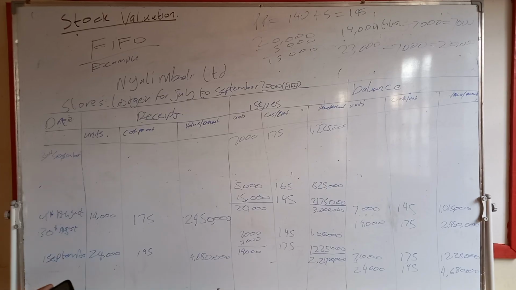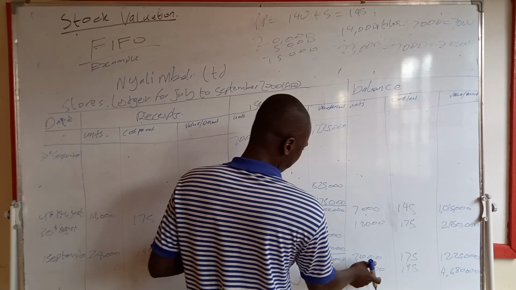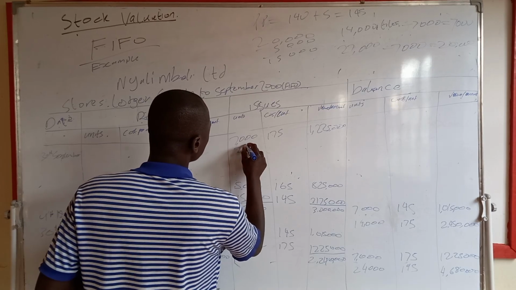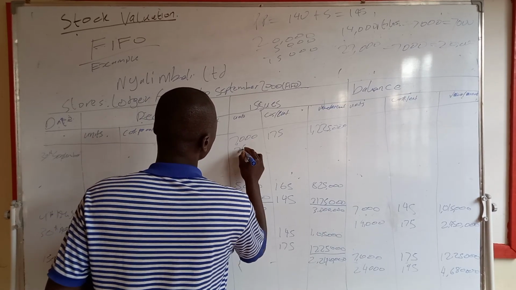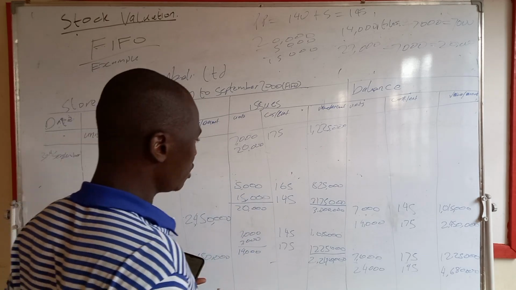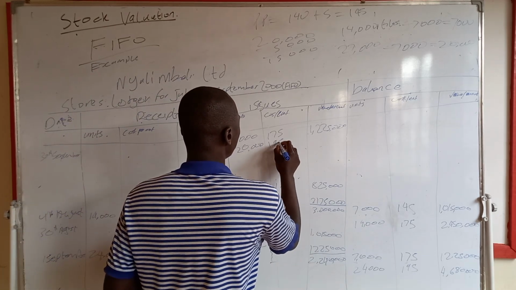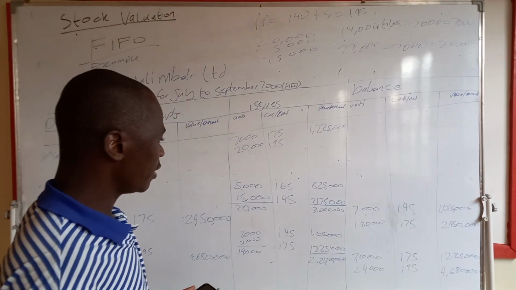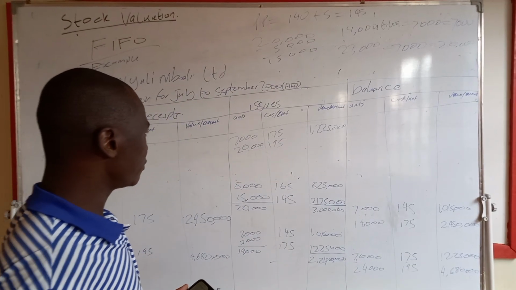On the 20,000, we had this 24. So 20,000 out of those 24,000, at 195.